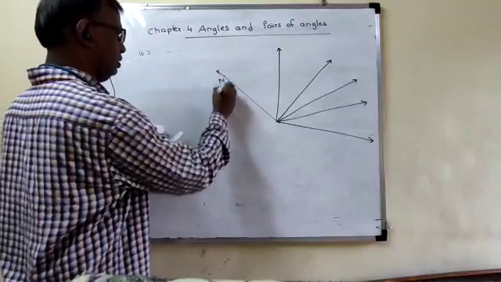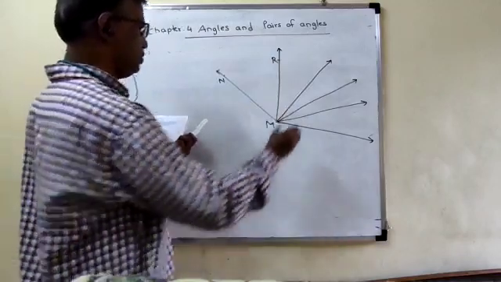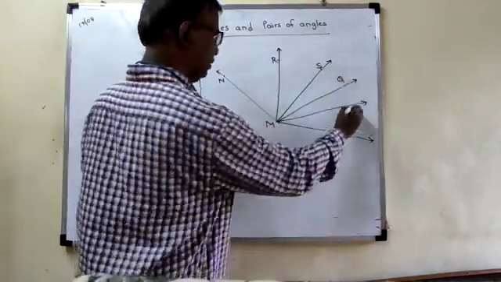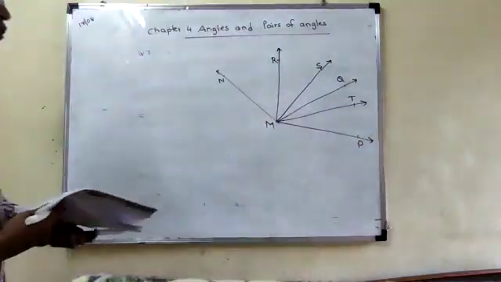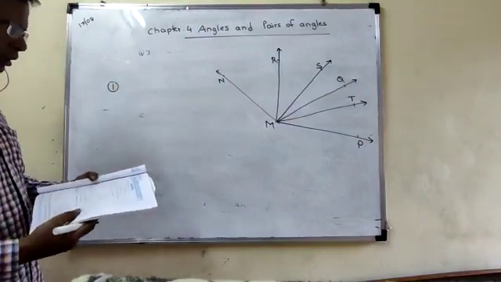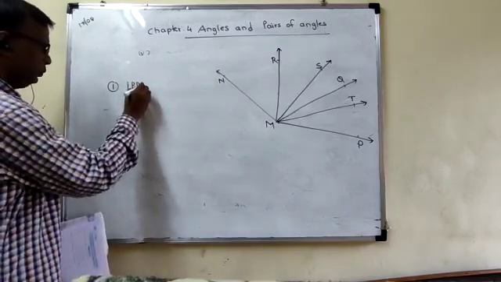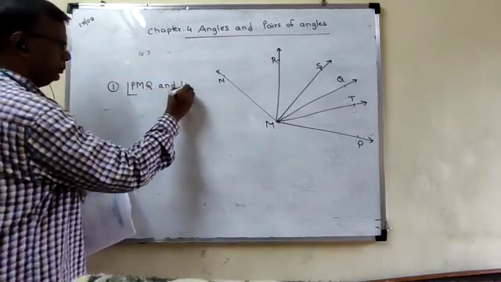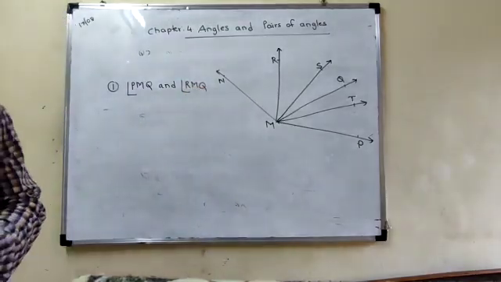N, here M, here R, and here S. Here is given Q, here is given T, and here P. So the question is given: are the following pairs adjacent angles? If not, state the reason. First one, PMQ and RMQ. We'll draw.